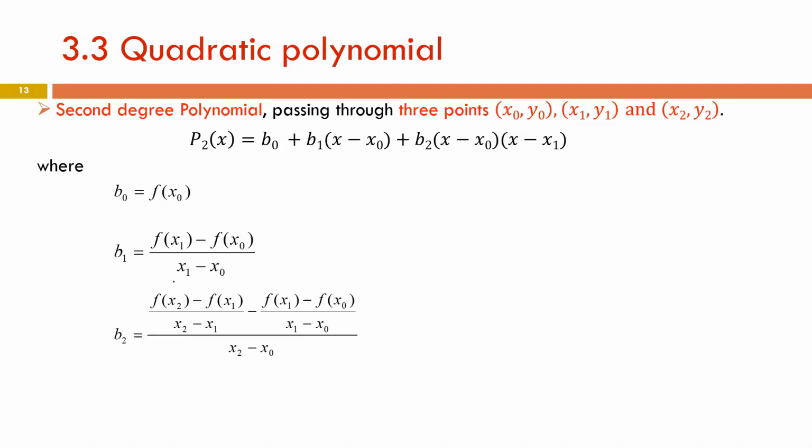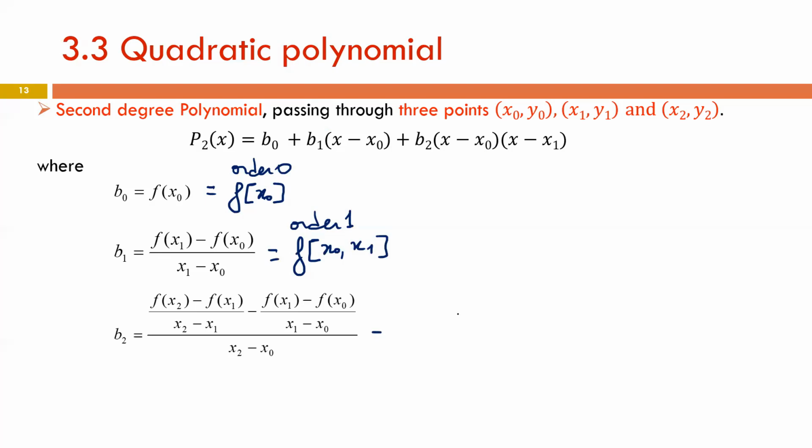So it's easy to code on computers. This is the order 0, f of x0, the divided difference of order 0 at x0. This will be the order 1, the divided difference of order 1. It involves x0 and x1, so it involves 2 points.